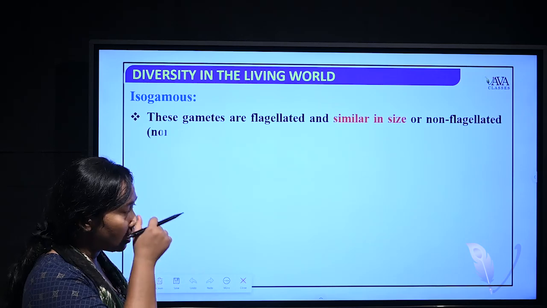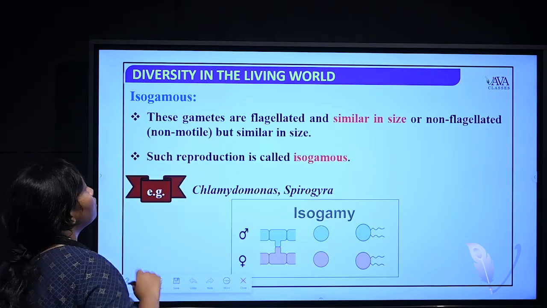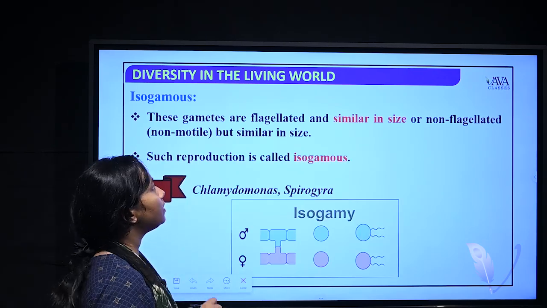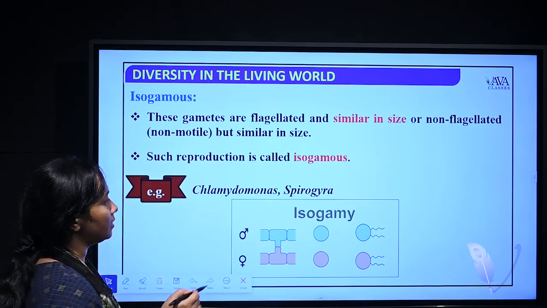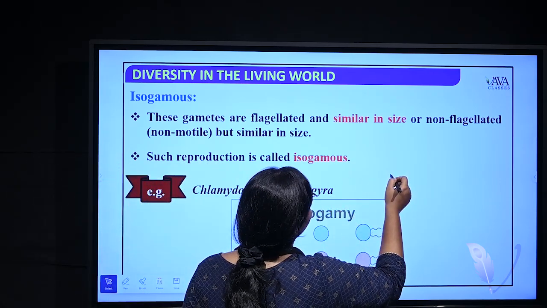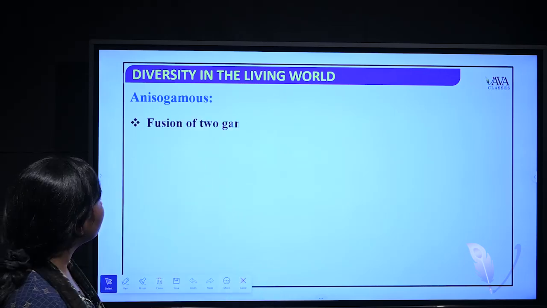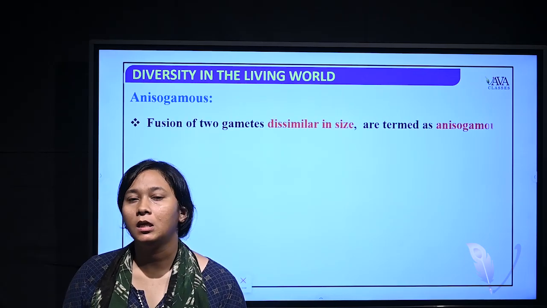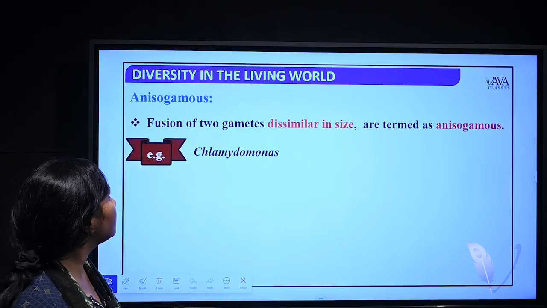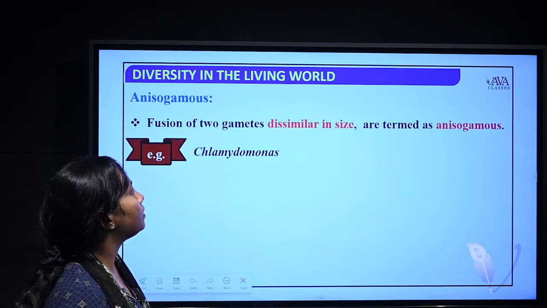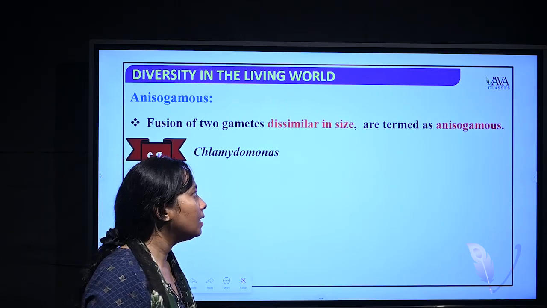Isogametes, as I was telling you before, isogamous means the gametes are similar in size. In anisogametes, the gametes are dissimilar in size.